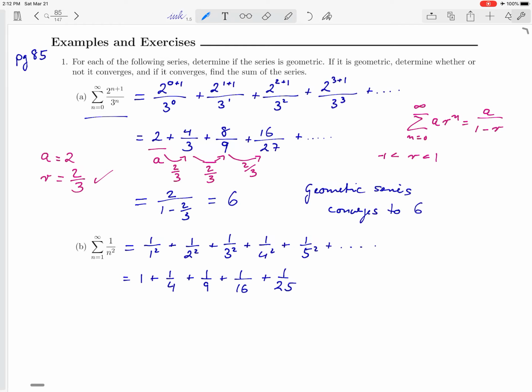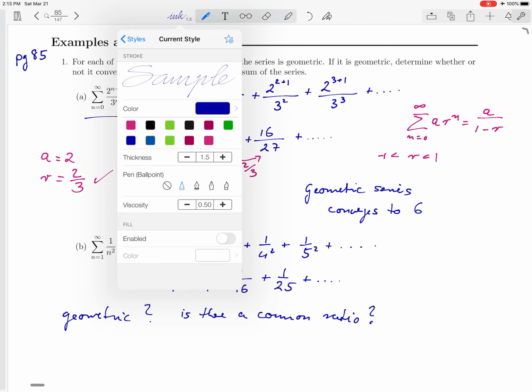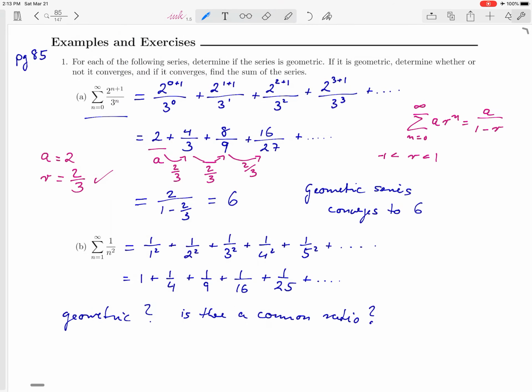And so our question is, is this a geometric series? So is this geometric or not? We would need a common ratio. So geometric or not, the question is, is there a common ratio? To get from the first term to the second, I would have to multiply by 1/4.